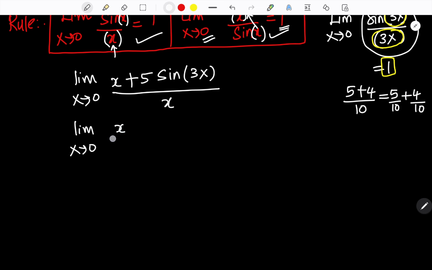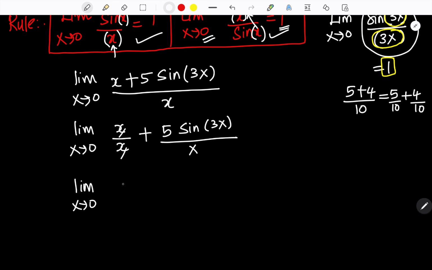So I'm going to write x divided by x plus 5 sine 3x over x. The x gets cancelled. So limit x goes to 0, the first term is 1, plus 5 sine 3x over x.